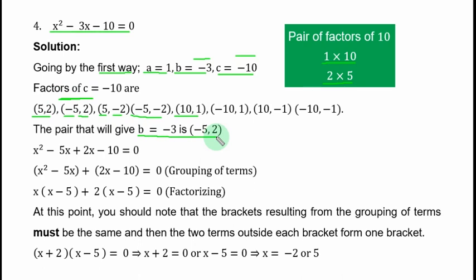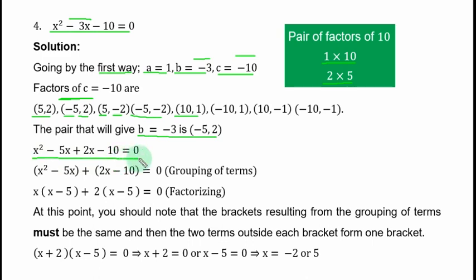So what we do is replace the middle term, minus 3s, with minus 5 and 2 in s. You attach s. Hence, we have s squared minus 5s plus 2s minus 10 equal to 0.